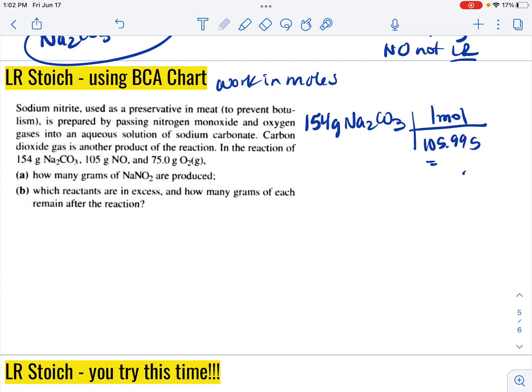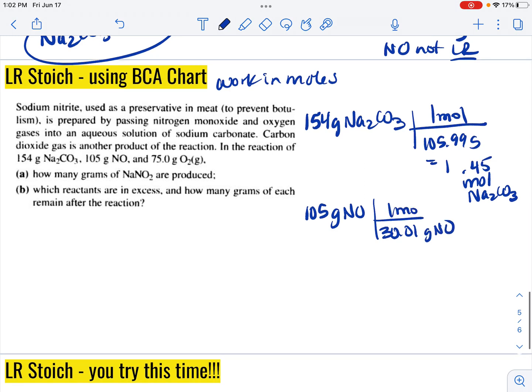This comes out to 1.45 moles of Na2CO3 to start. And I'm going to do the same thing with my 105 grams of NO, 30.01 grams of NO to 1 mole. There's my 3.5 moles of NO to start.